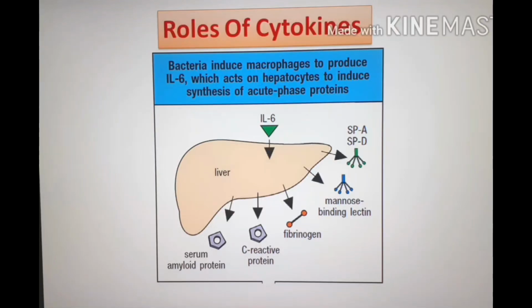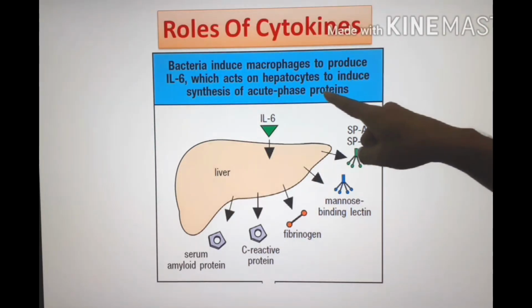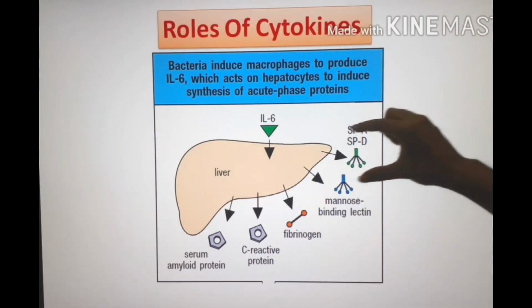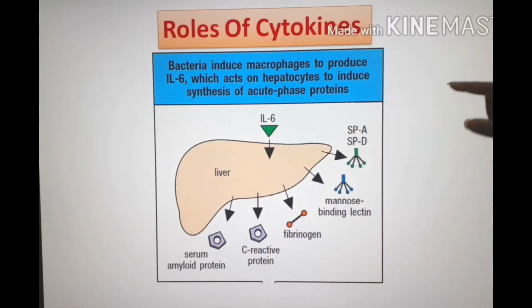As I mentioned in the first slide, cytokines can be secreted by cells. Examples are pro-inflammatory cytokines like IL-1, IL-6, IL-12, IL-18 and TNF alpha. Here I am only showing the function of a particular interleukin, IL-6. Bacteria induce macrophages to produce IL-6, which acts on hepatocytes, liver cells, to induce synthesis of acute-phase proteins. Why are they called acute-phase proteins?